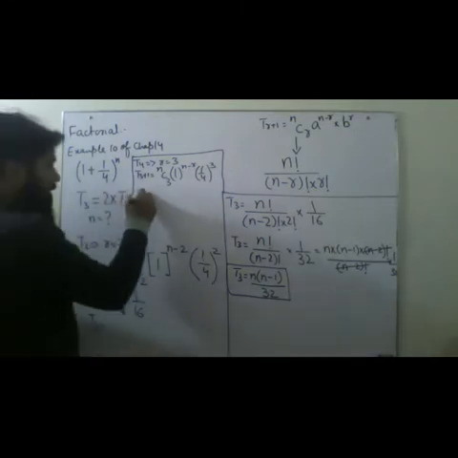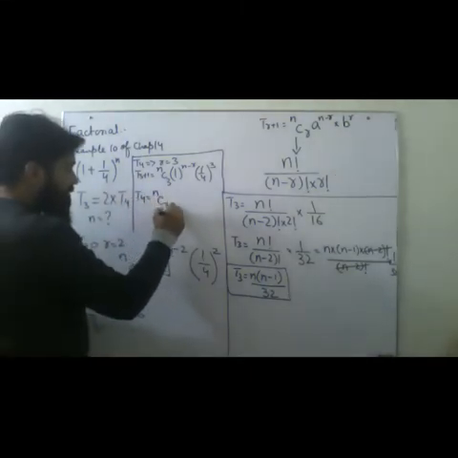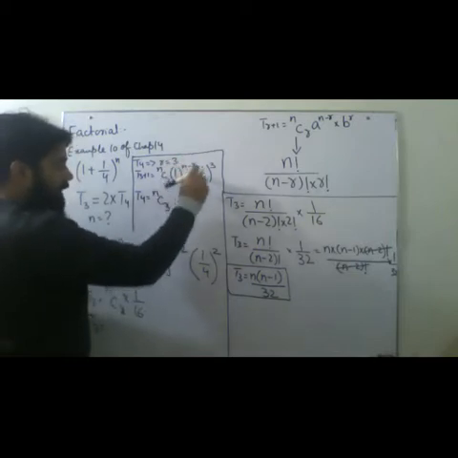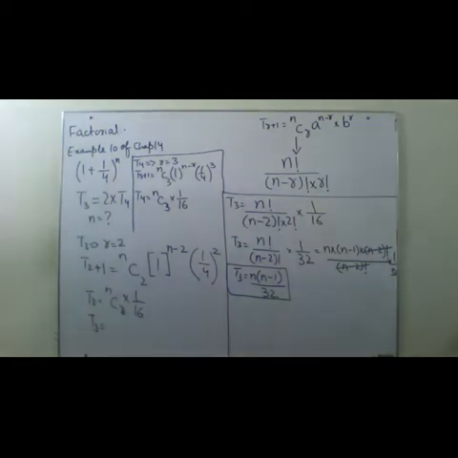Simplifying further, T4 equals nC3. This will be gone and this will become 1 over 16. Okay, this will become 1 over 16, right?